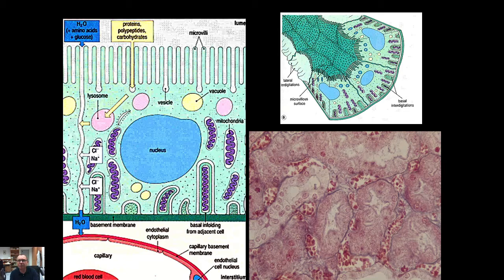They absorb many substances, many molecules, proteins, polypeptides, carbohydrates, also a lot of ions, water. So they reduce very much the amount of primary urine. They don't only absorb these substances, but they also metabolize them directly.